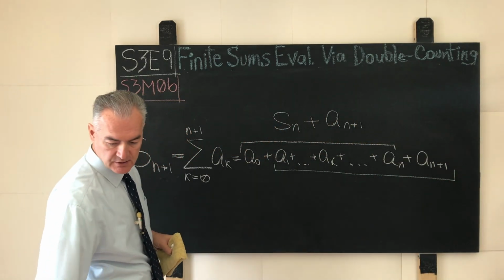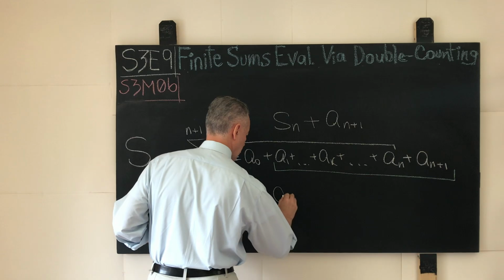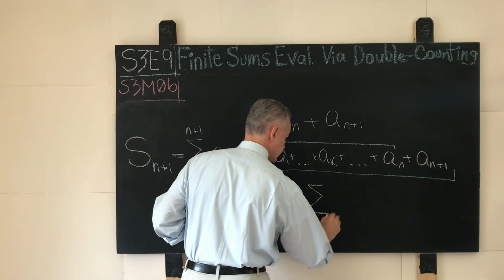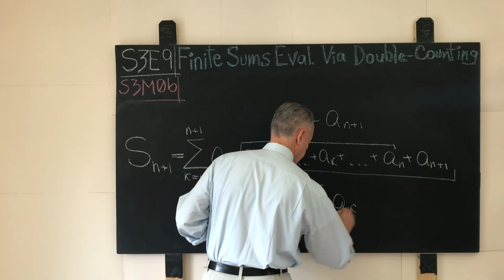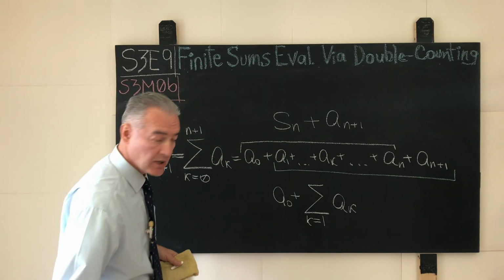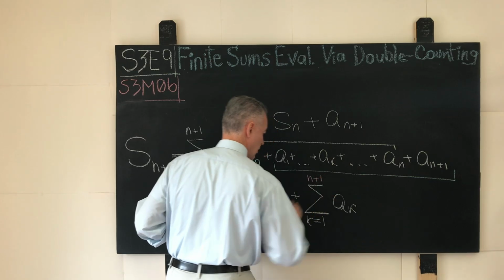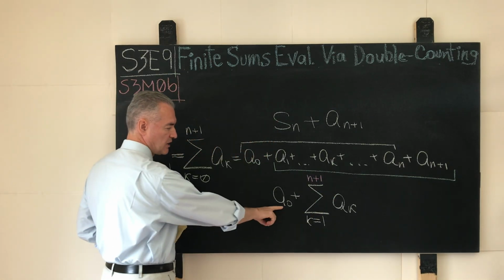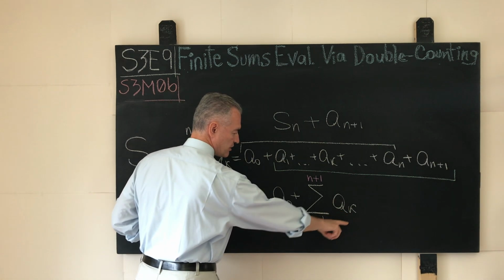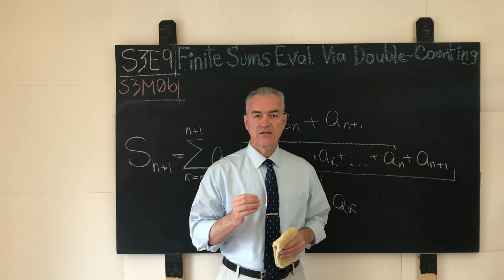And in this case, that representation can be rendered as follows. A0 plus the sum of the terms ak, where k varies from 1 till what is the upper bound of our sum? I'll write it down in red. N plus 1 as follows. A0 plus the sum of the terms of the given sum a sub k, where the summation index k varies from 1 to n plus 1.